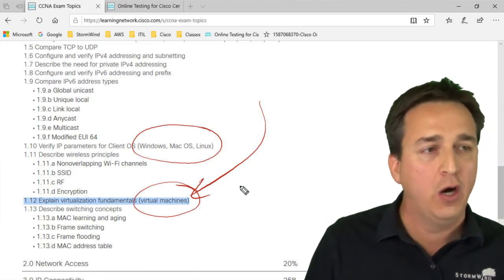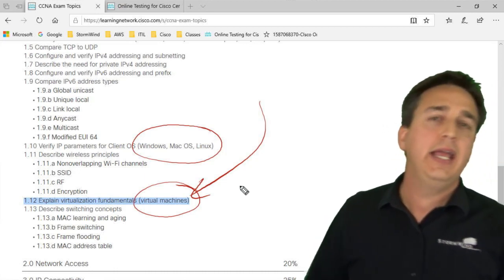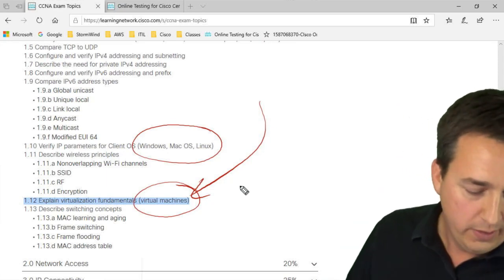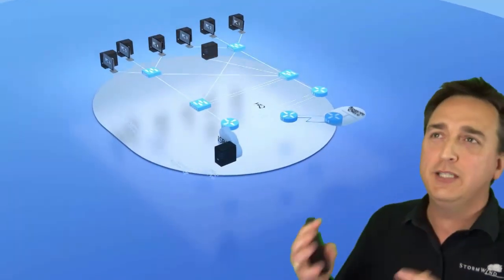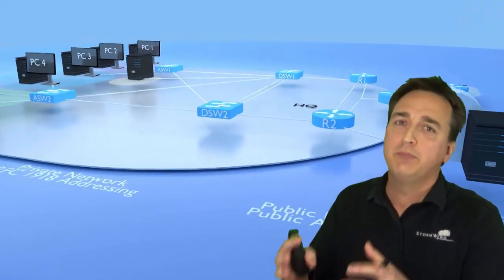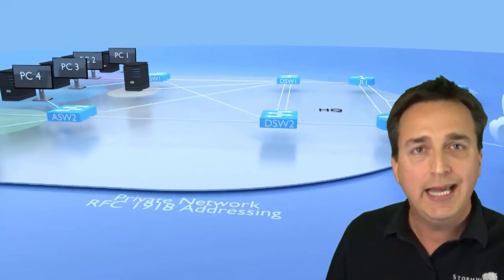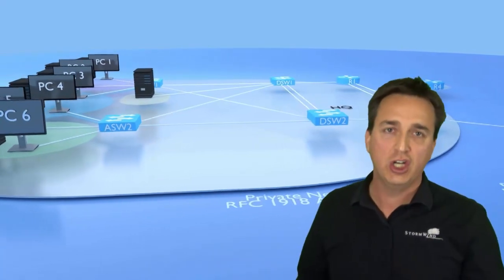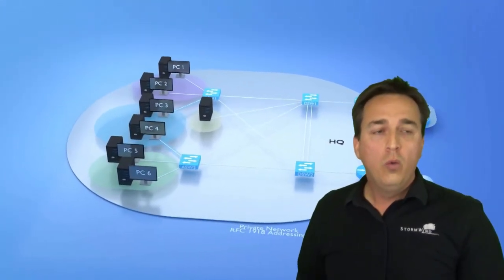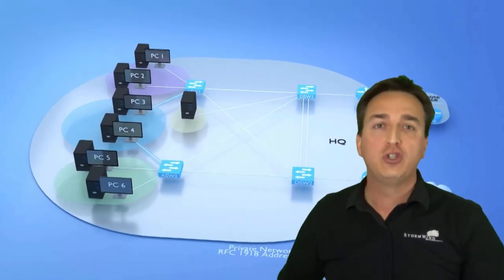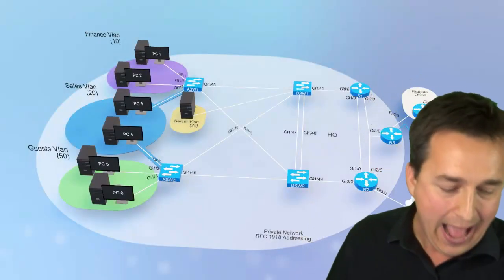In reality, folks, this needs to be taken a lot further, because it's not just about the virtual machine. It's about the architecture of virtualization. That's really what we need to know. What goes into the overall architecture to make a virtual machine happen?